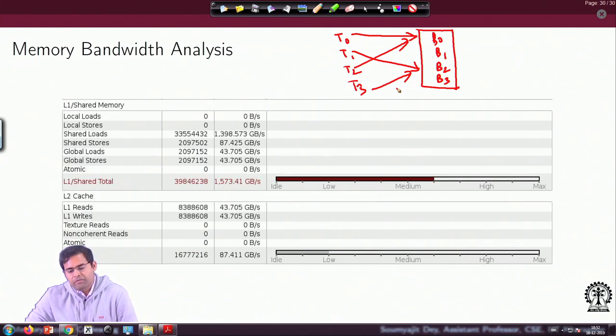Now, let us understand the number of bank conflicts I get. Since I have 4 threads accessing 2 banks, and for each bank I am looking at 2 transactions, this is like a two-way conflict, right.